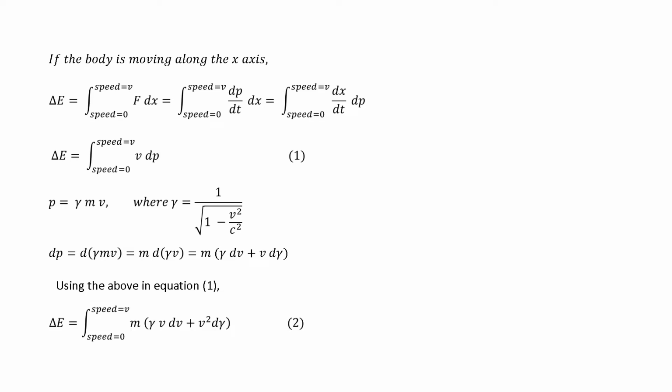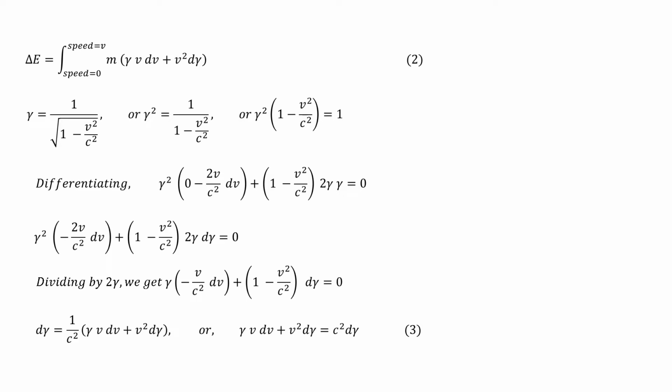Since m is a constant, we write m into d of gamma v. By product rule, we get m multiplied by gamma dv plus v d gamma. Using the above in equation 1, we get delta E equals integral m multiplied by gamma v dv plus v square d gamma. Call this equation 2.